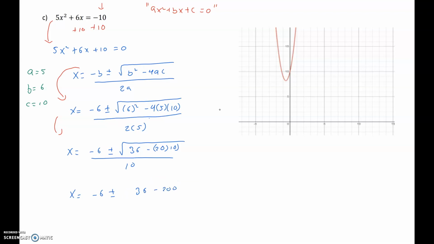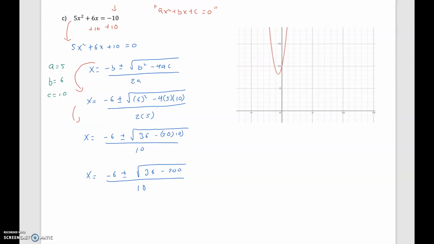Let me fix the square root. And all of this is divided by 10. And at this point, we're looking at x is equal to -6 plus or minus the square root of... let me check it. 36 minus 200 is -164, over 10.